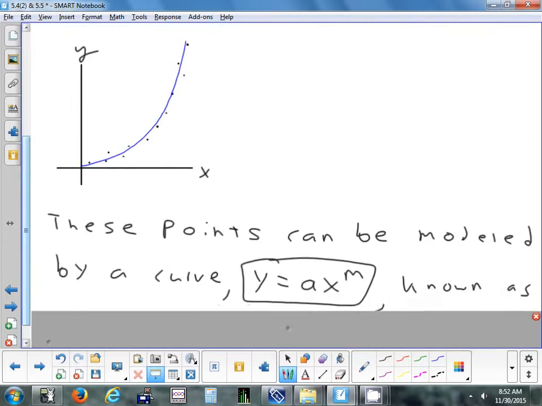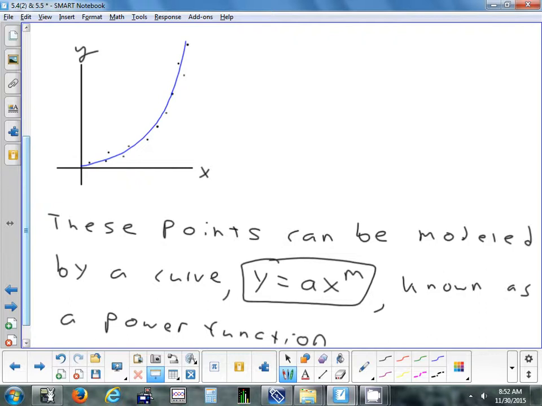Right, so that's what we're going to look at doing. We're going to model points using what's called a power function, or exponential is another word for it as well. A power function is a very simple equation. There's only two things you have to find. You have to find A and you have to find M. It's kind of like when you have something like this in Algebra 1, y equals mx plus b.